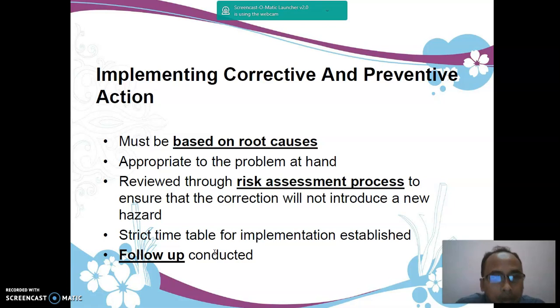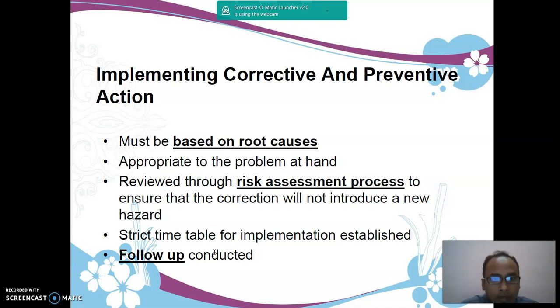All right. So how to implement the corrective and preventive action? Actually, the corrective and preventive action recommendation must be based on the root causes. After you find the root causes, then the preventive and corrective action must be based on the root causes.